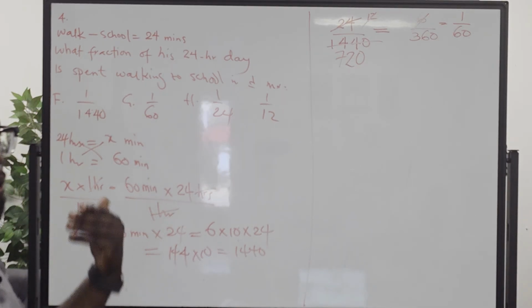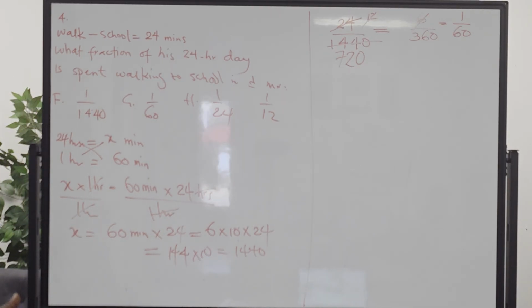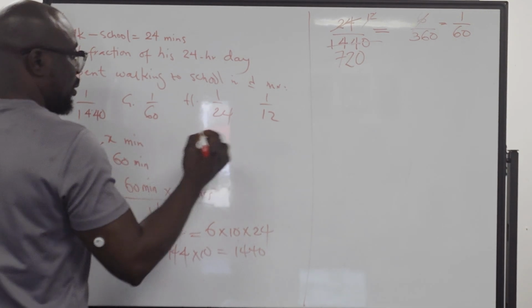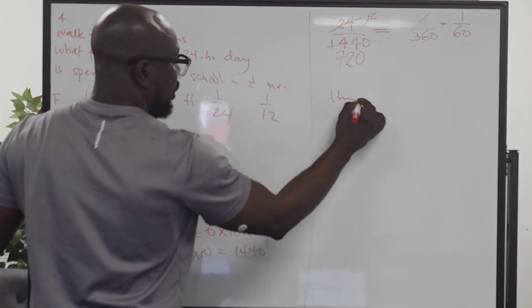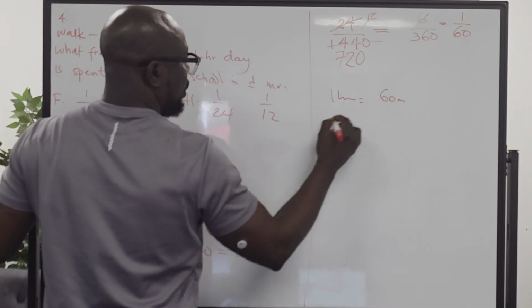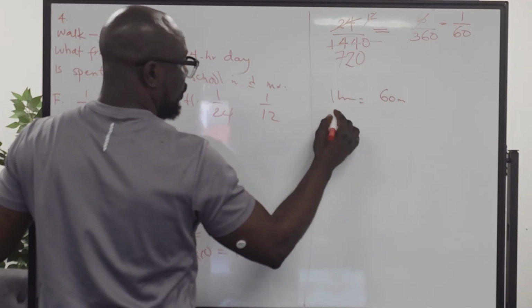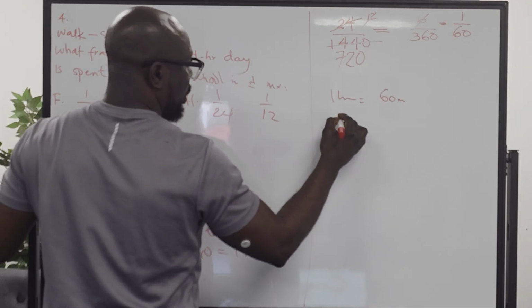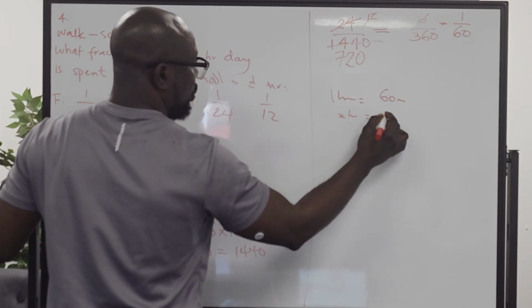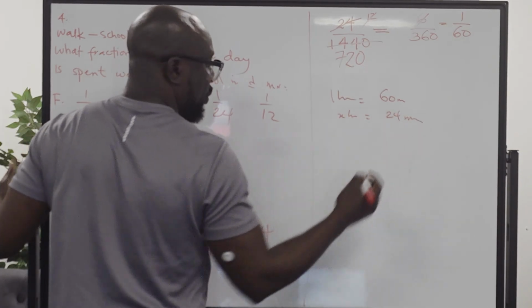Now, if you want to go the other route, which is you convert this one to hours, you can do the same thing. So that means that 1 hour is equal to 60 minutes, and then x hour is equal to 24 minutes, right? You can do the same thing.